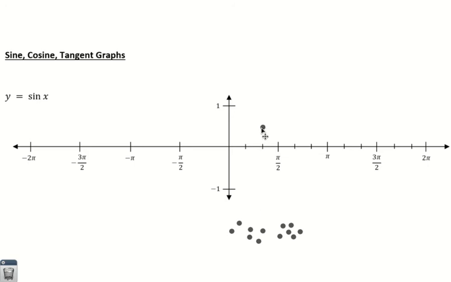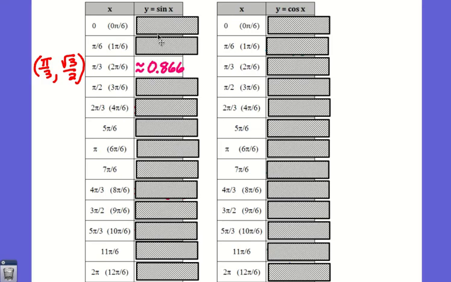And where do you think 0.866 is about? Don't feel like you got to be super duper perfect. Let's say it's there. So this is essentially pi over 3, comma 0.866. All right. So there you go.